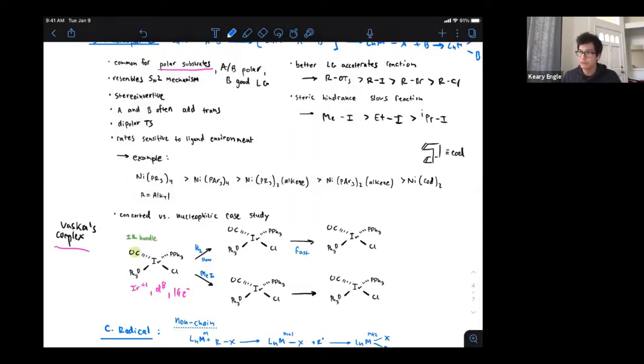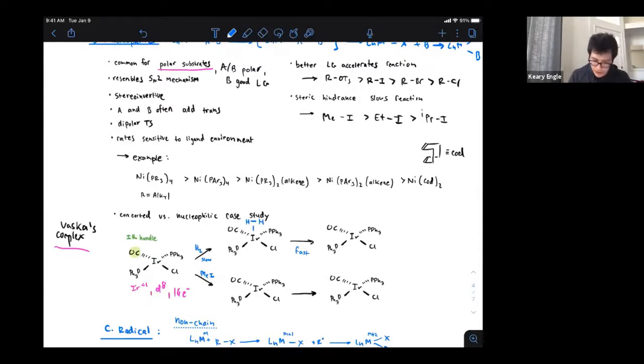So in the early to mid 1900s, when people were interested in what's going on mechanistically in organometallic chemistry, but NMR was not the powerful tool that it is now, this was an incredibly powerful platform for studying reaction mechanism. It's interesting because in and of itself, it's not one of your most reactive catalysts for, let's say, hydrogenation or other useful reactions, but its utility really comes in facilitating so much mechanistic work over the years.